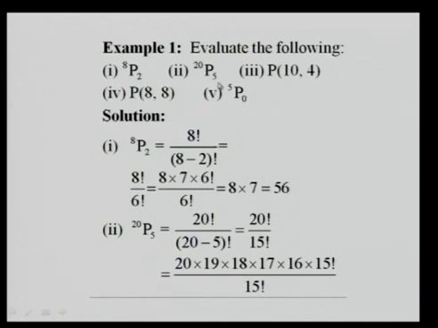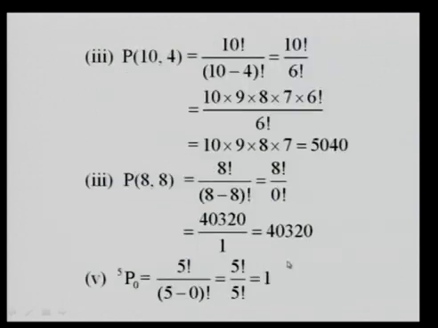Similarly, 20P5 can be written as factorial 20 upon factorial 20 minus 5, equal to factorial 20 upon factorial 15. After splitting factorial 20 as 20 into 19 into 18 into 17 into 16 into factorial 15, after cancelling the common factor factorial 15, we will get the desired result.